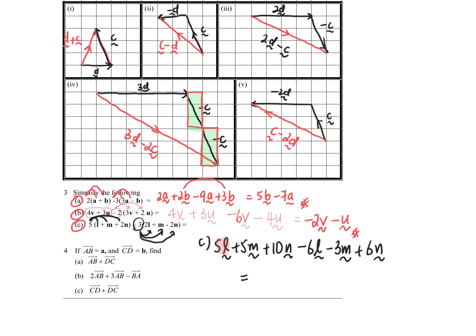So the algebra is 5L minus 6L is minus L. Okay. Then 5M minus 3M is plus 2M. Okay, last one is 10N and 6N. So 16N. So these 3. So final answer is still working like algebra. Just make sure you put the curly tail.